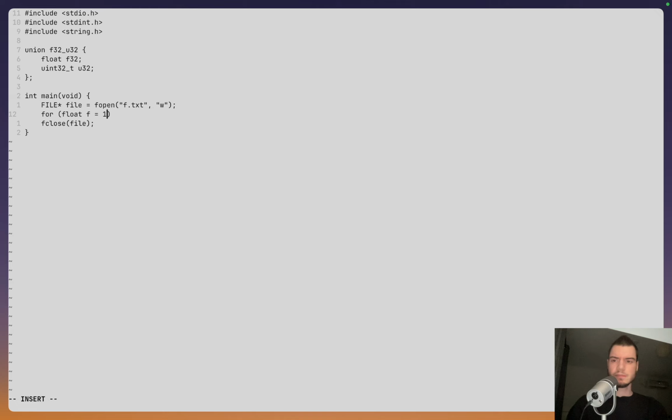Let's start at floating point value 1. And let's go up to, again, about 1 million. Should be good enough for now. And ++ actually works the same way on floating point values. We're incrementing it by 1. But I think I want to make it a bit clearer and actually increment like this.